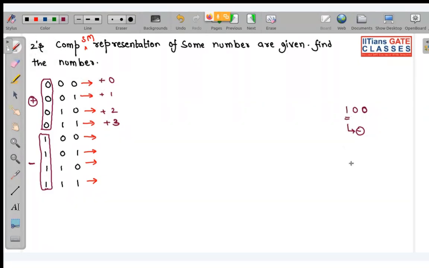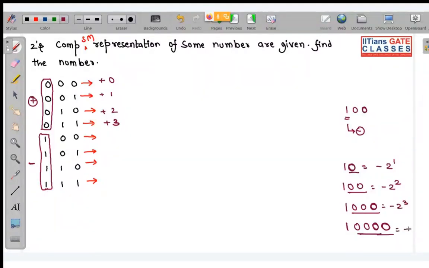Whenever you have a number like this in sign magnitude representation, you count the number of zeros. So here you have 1, so this is minus 2 to the power 1, this is minus 2 to the power 2, this will be minus 2 to the power 3, and this will be minus 2 to the power 4.